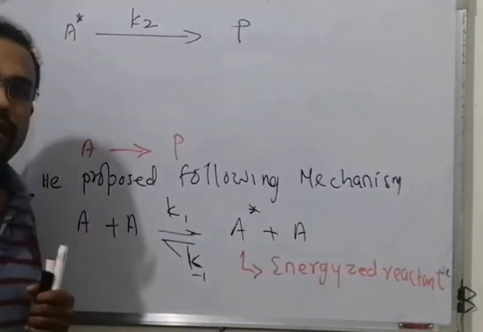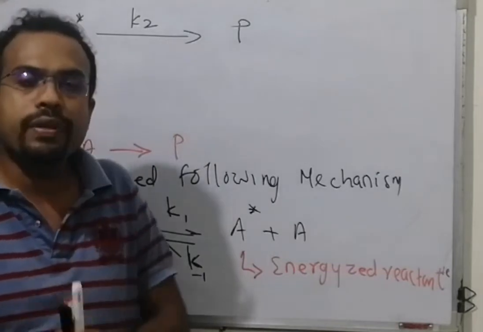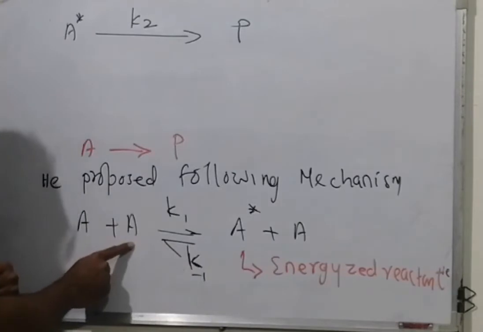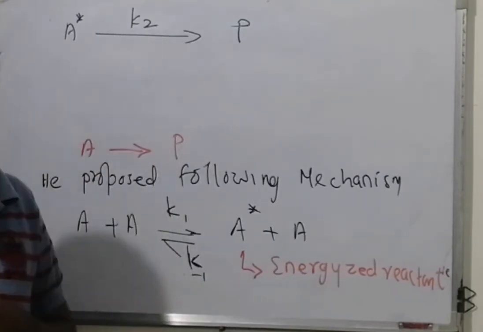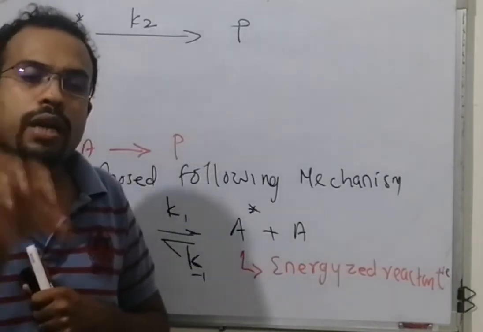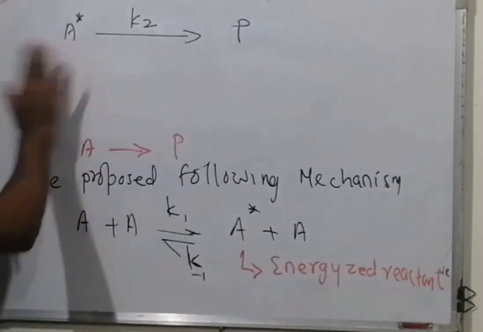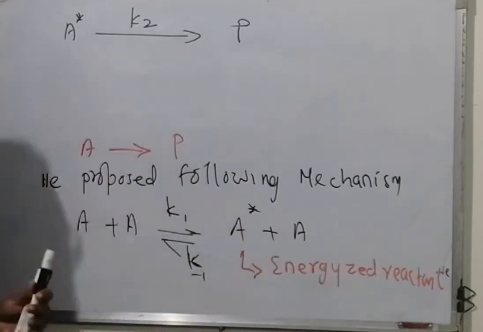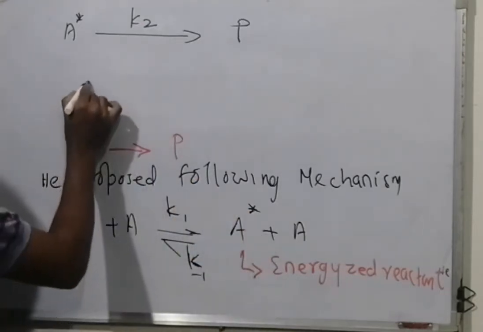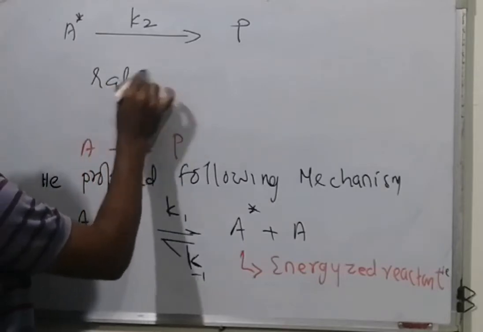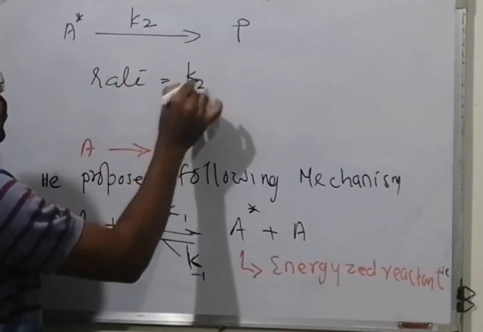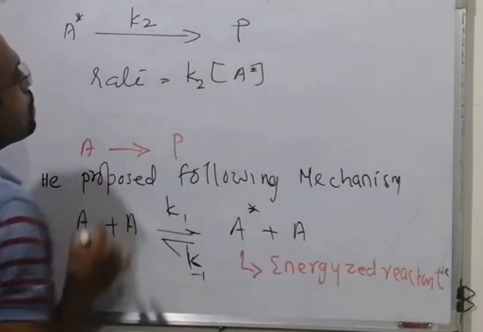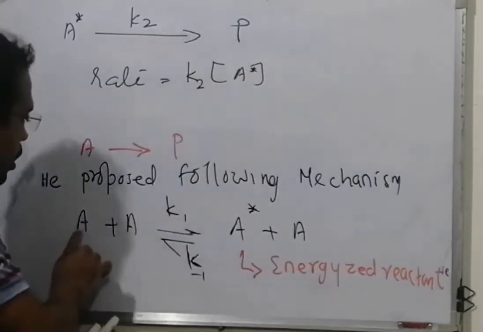This A star which formed after the collision may be reverted back to A or converted into products. The product is obtained only from A star, so the product depends upon the concentration of A star. Therefore, Lindemann says rate is equal to K2 times the concentration of A star.